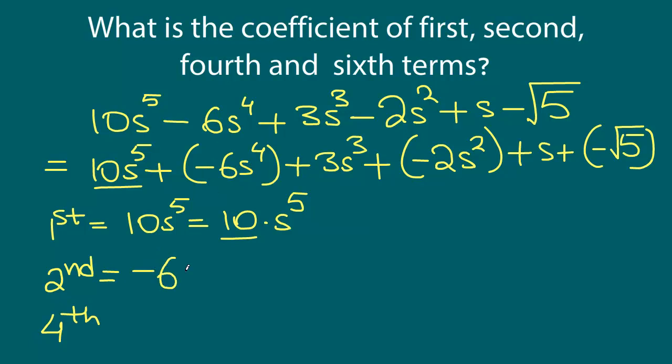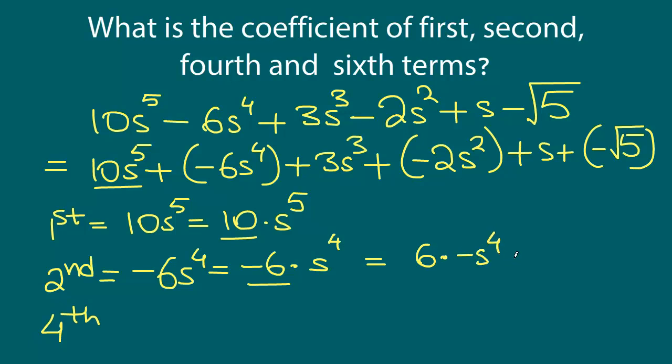It's minus 6s power 4, which we can write as minus 6 times s power 4. So the coefficient is minus 6. Now you may say, what if we write minus 6s power 4 as 6 times minus s power 4?